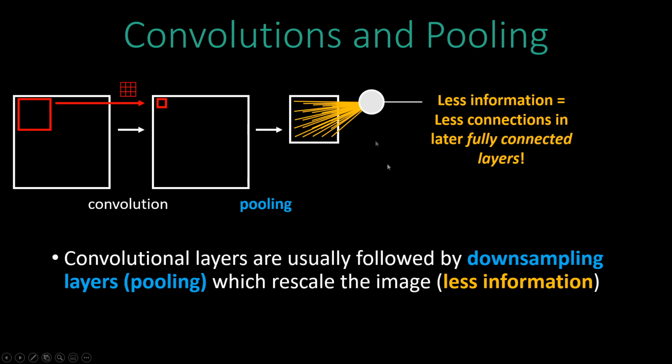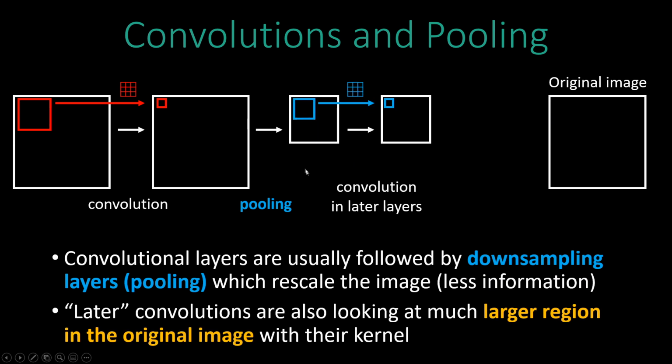Let's say that we didn't want to connect a fully connected layer yet. Let's say that we want to connect another convolution here. If this was a 3 by 3 area into 1 by 1 pixel, and then again here a 3 by 3 area into again 1 pixel, and we pooled the image or downsampled it by half here, what happens is that the later convolution, the operation which happens here, is looking at this area, which no longer corresponds to just 3 by 3 pixels in the original image.